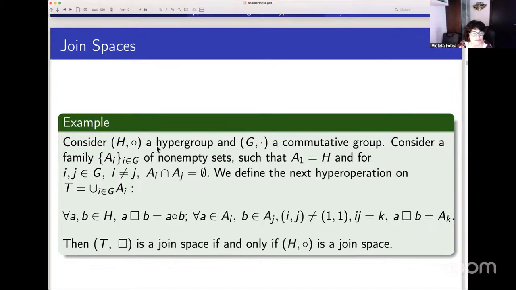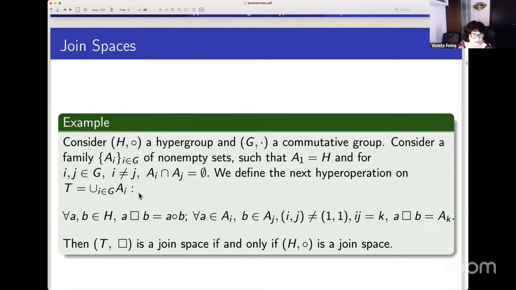We start with a hypergroup and we construct a new hypergroup, actually a Jones space T, using a family of non-empty subsets A_i, i an element of G, such that A_1, where 1 is the identity of the commutative group G, is H. And for i and j different elements of G, A_i intersection A_j is the empty set.